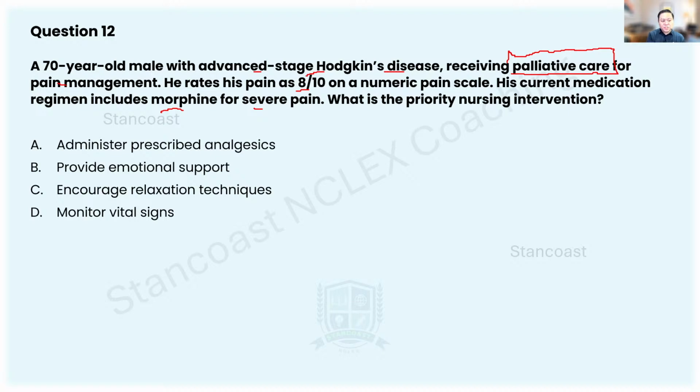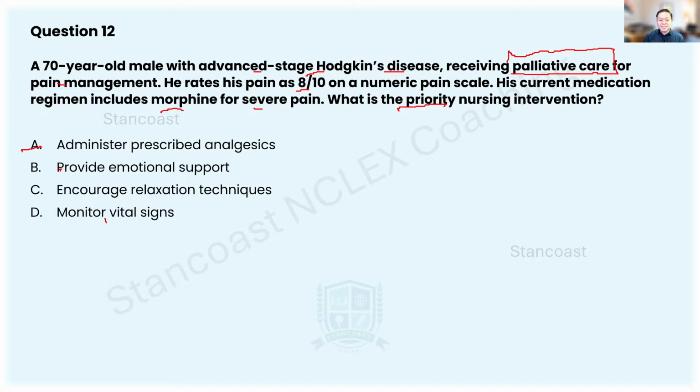Are we going to do monitoring of vital signs, encouraging relaxation techniques, providing emotional support, administering prescribed analgesics? Looks like we have all of those as very necessary nursing actions, but our priority here is what? I'm seeing a lot of letter A, which is the correct answer.